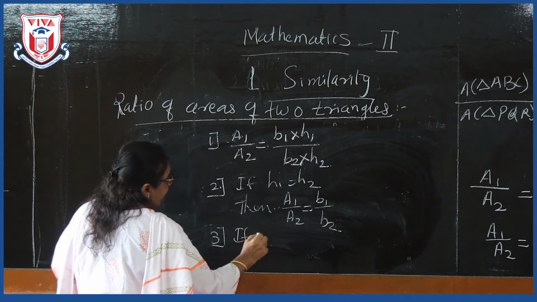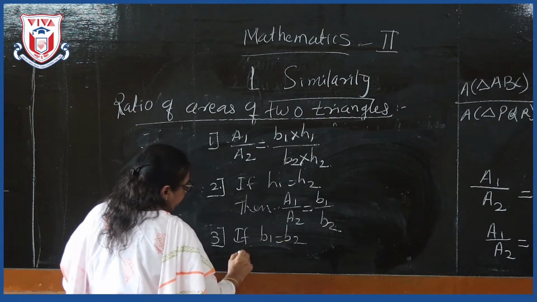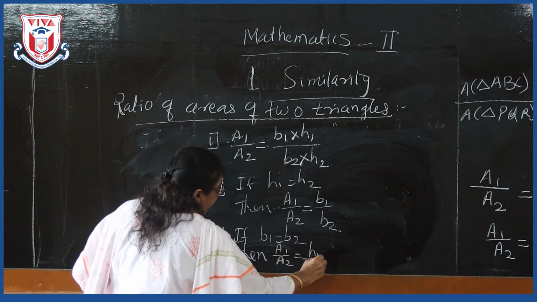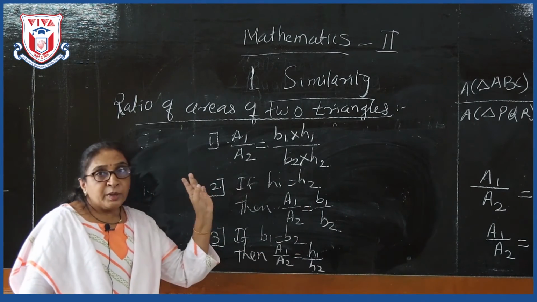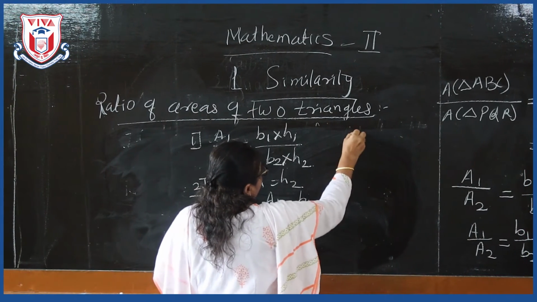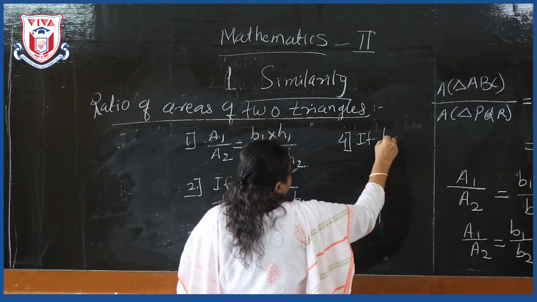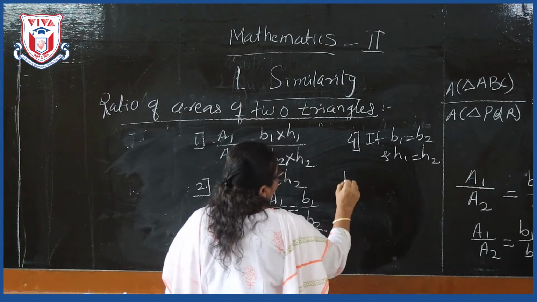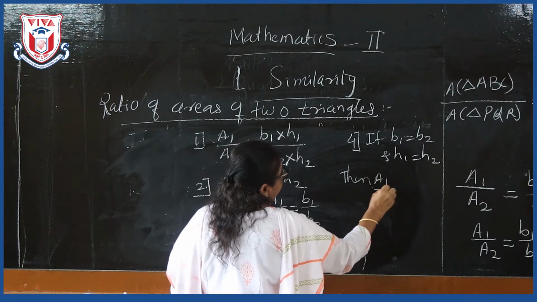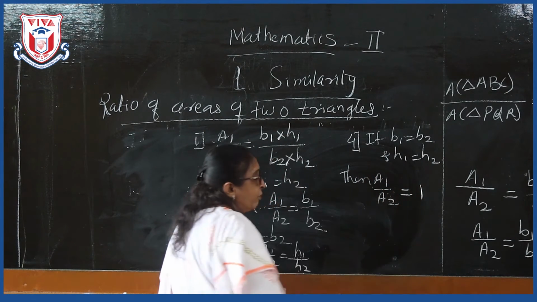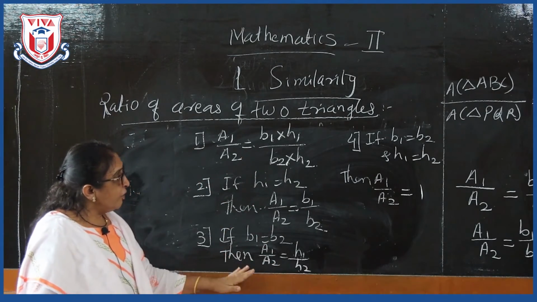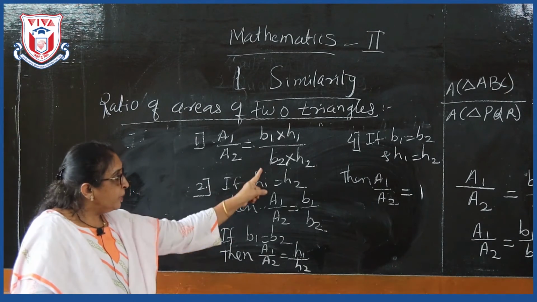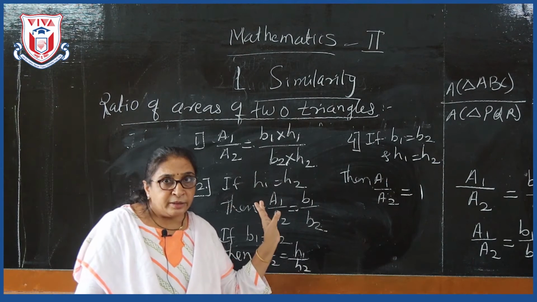Third, if B1 and B2 are equal, then A1 upon A2 is equal to H1 upon H2. And fourth property, if B1 is equal to B2 and H1 is equal to H2, then A1 upon A2 is equal to 1. So these are the four properties you have to remember which are related to the ratio of the areas of two triangles.